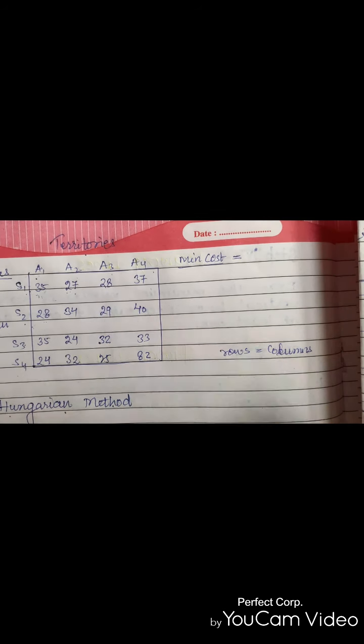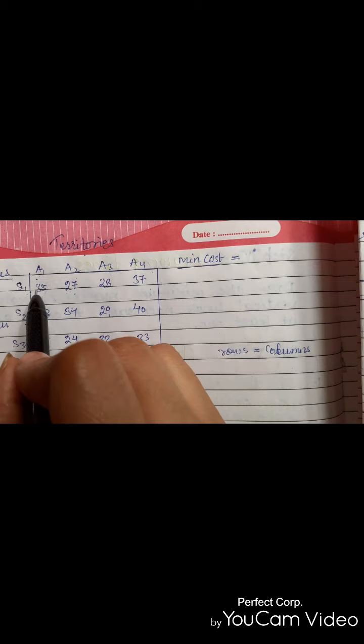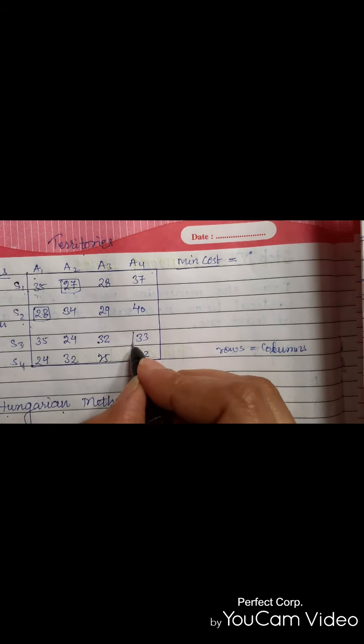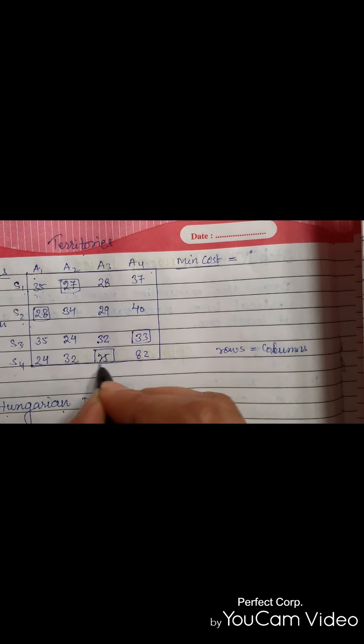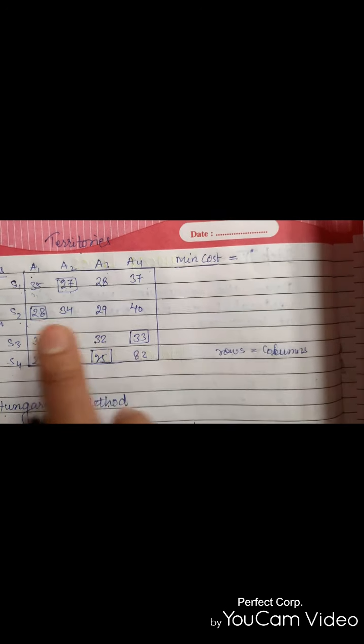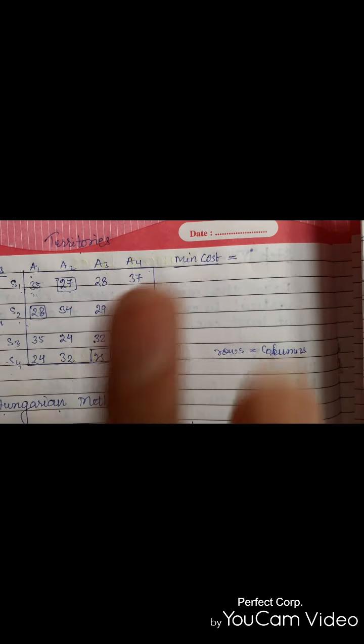From the solution obtained, we were having the assignment for S1 at which? At 27 at this place. For S2 we were having the assignment at this place. For S3 we were having the assignment at this place, and for S4 we were having the assignment at this place. So to calculate the minimum cost for this assignment problem, we just have to add these values.